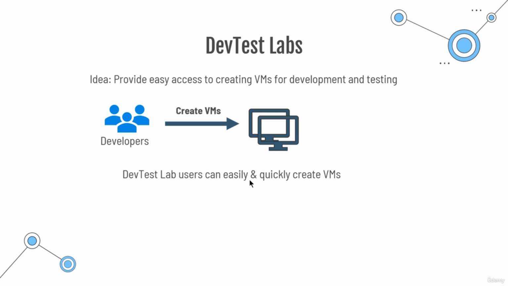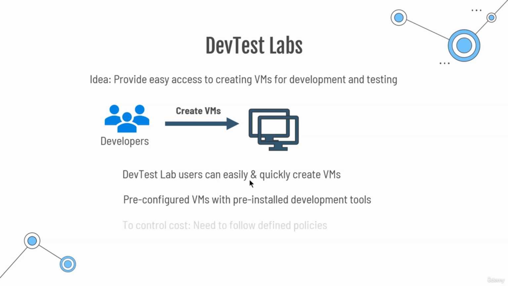These DevTest Lab users can easily and quickly create virtual machines. They can choose from defined artifacts, like some predefined development tools like Visual Studio, SQL Server, and other tools that are selected and defined by an administrator.